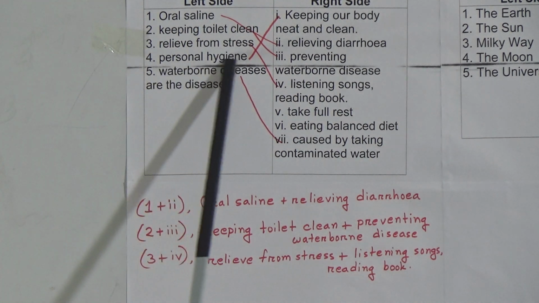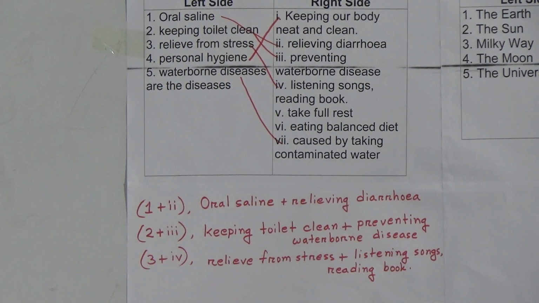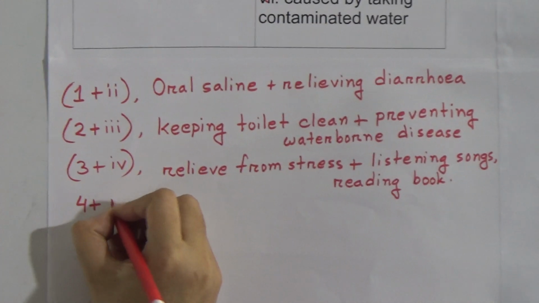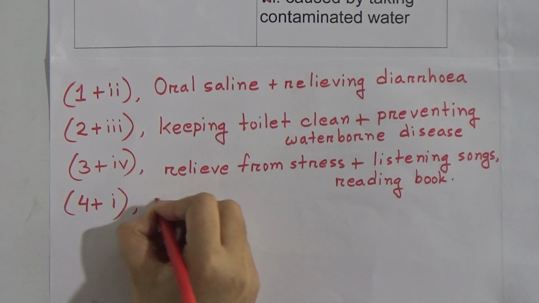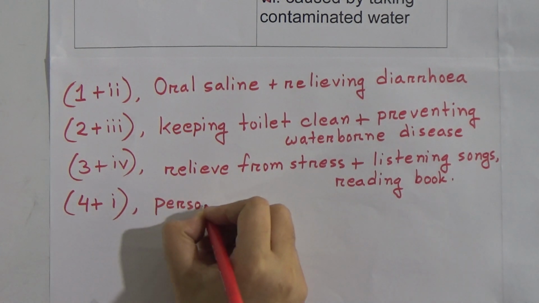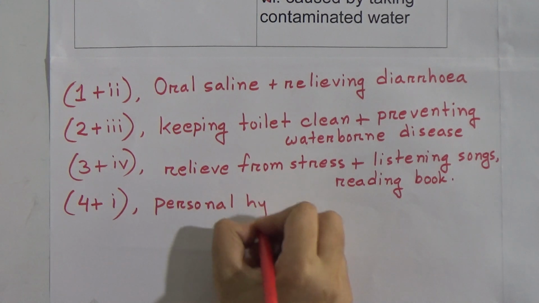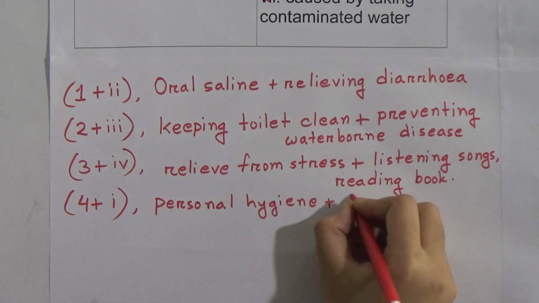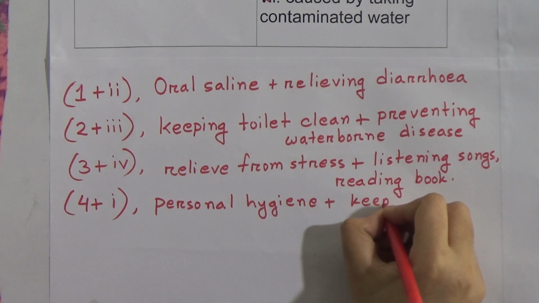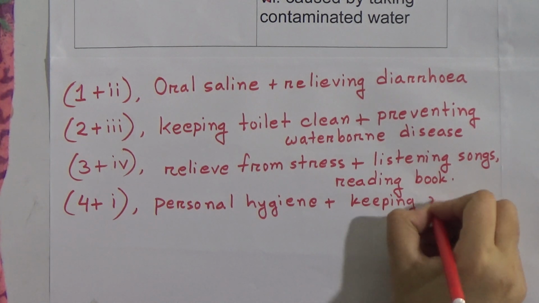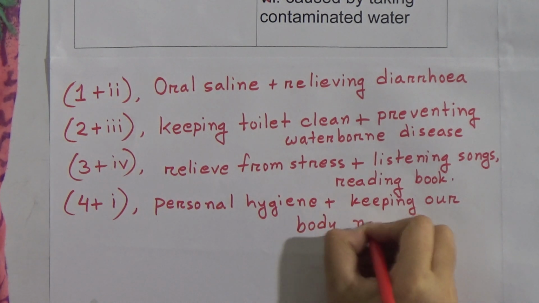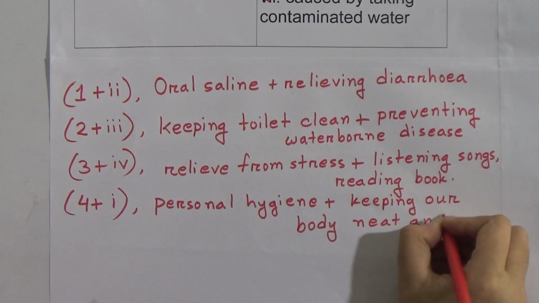Four, personal hygiene, will match 1, keeping our body neat and clean. 4 plus 1. You have to write this way, our body neat and clean.